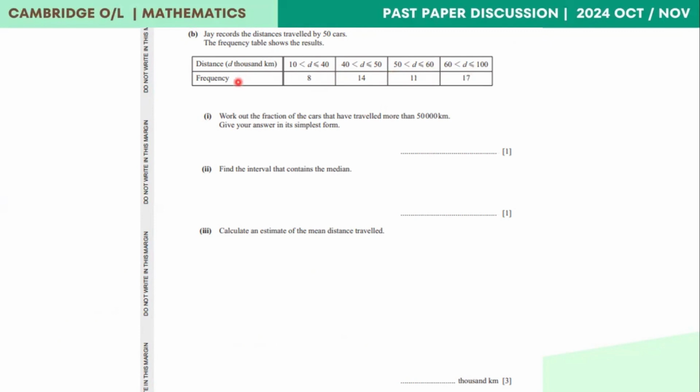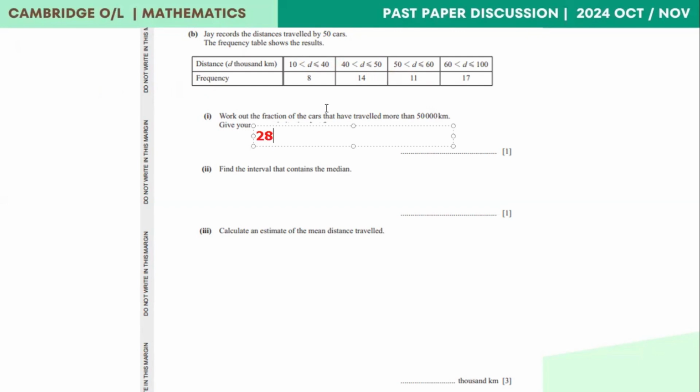The first question, work out the fraction of the cars that have traveled more than 50,000 kilometers. Each of these intervals: 10 means 10,000 to 40,000, likewise 40,000 to 50,000. They want above 50,000, that's going to be from here. So it will be 11 plus 17, which is 28.